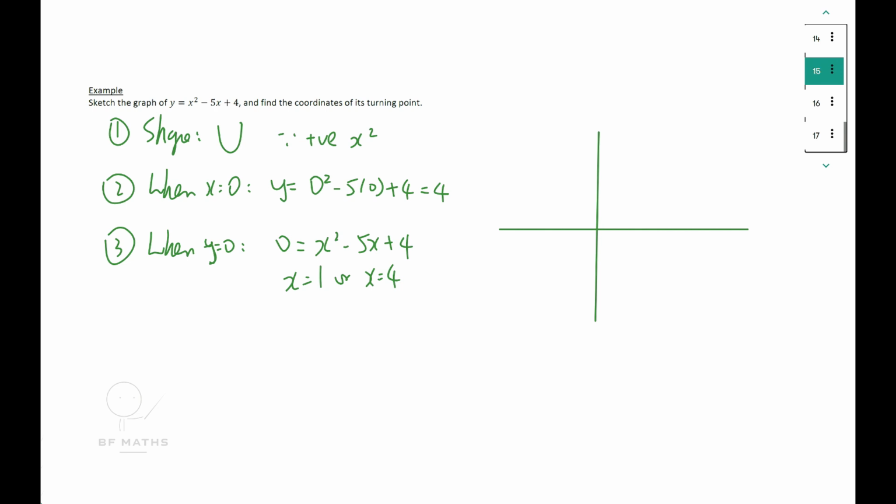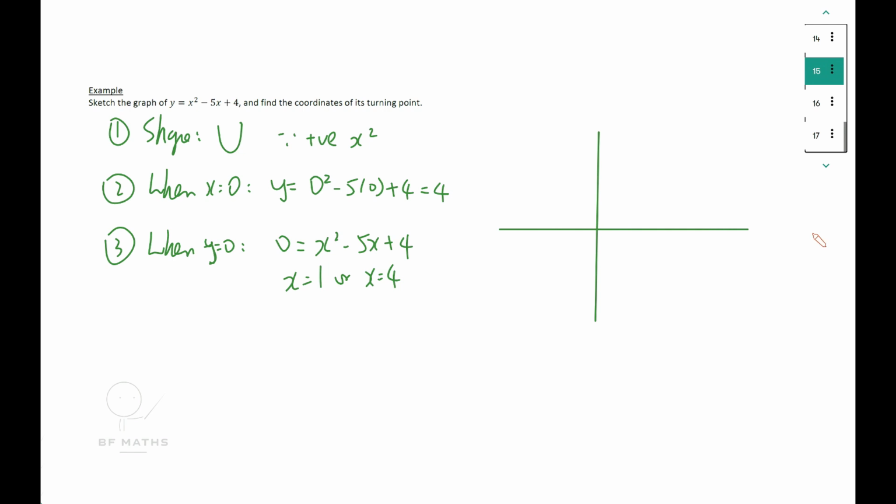it has to pass through the y-intercept 4 somewhere here. Now, sketching means it is not to scale. You don't have to use a ruler and say 1, 2, 3, not like that. We just have to have a rough idea where the numbers are, where the graph crosses the axes. So 4 means you should be crossing the positive y-axis. 1 and 4 means here and here maybe.